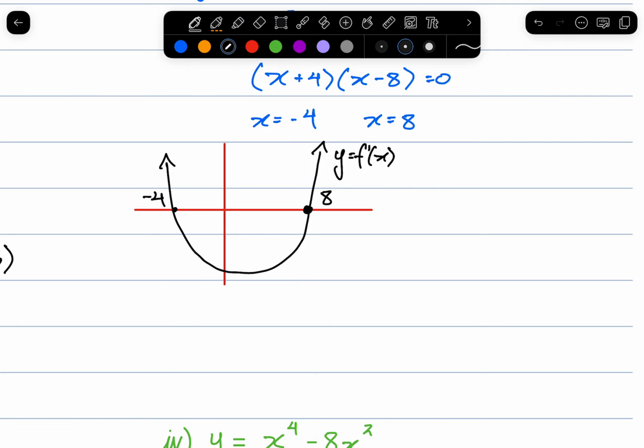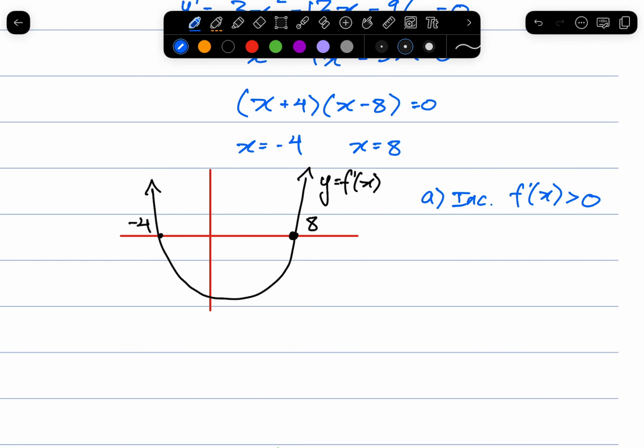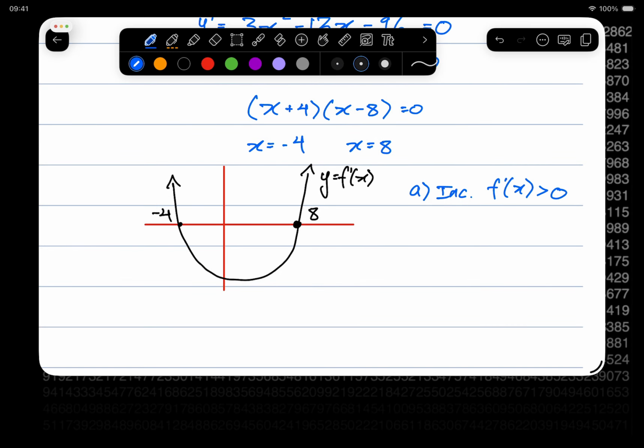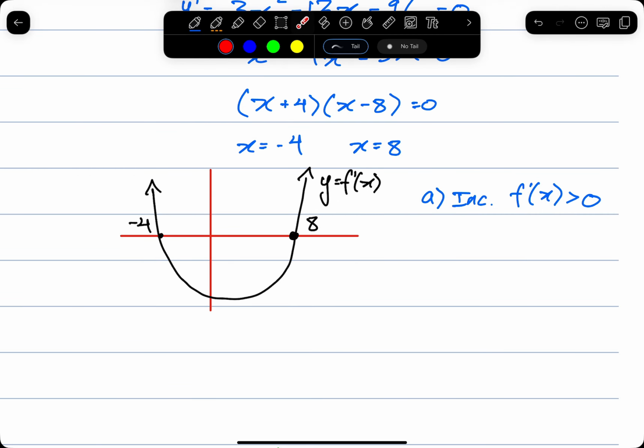Okay, so then from here, since we're solving for increasing, remember, we're saying f prime of x needs to be greater than 0. Well, according to this graph, where is the first derivative greater than 0? And as you can see, I've already highlighted it here.